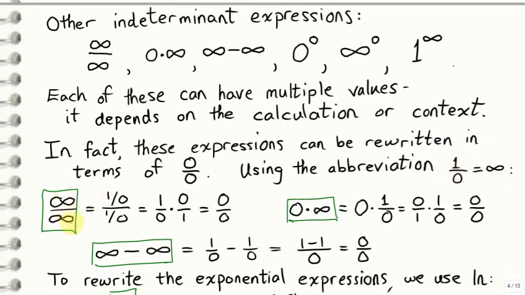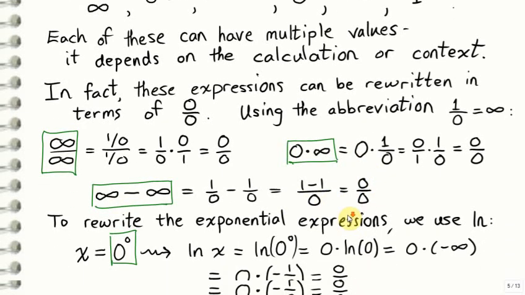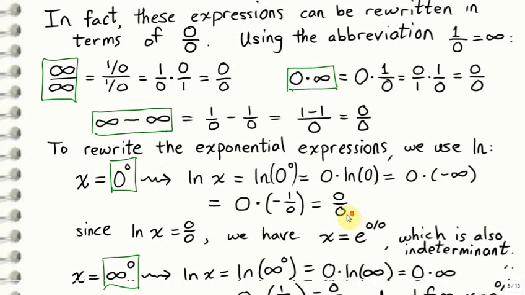You can write it as 0 over 0. Same thing for 0 times infinity. You do some math, and you can rewrite it as 0 over 0. Infinity minus infinity, again, these don't quite cancel out. You can use limits and rewrite this as 0 divided by 0. Slightly trickier is rewriting the exponential expressions in terms of 0 over 0. But it's the same idea each time.